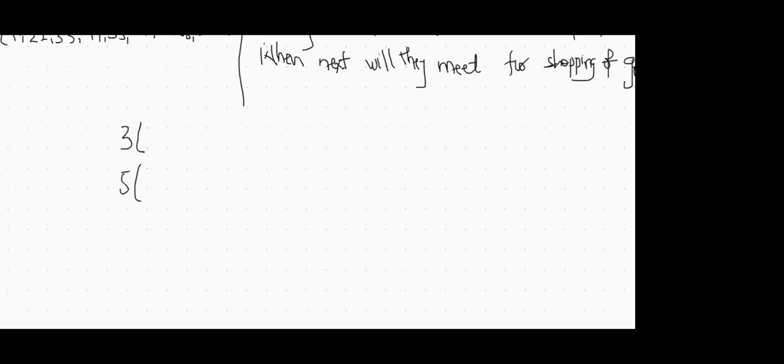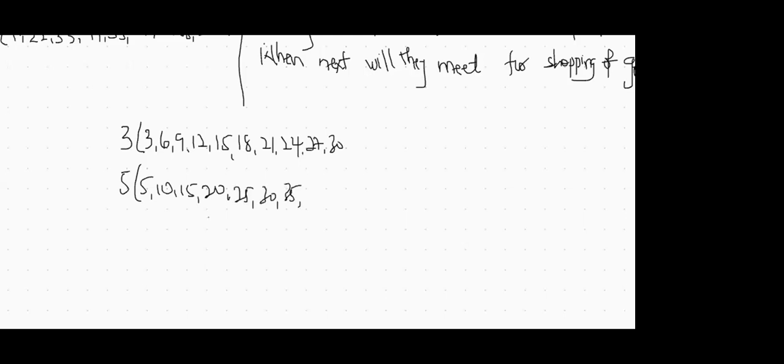Multiples of 3, let's list the first 10: 3, 6, 9, 12, 15, 18, 21, 24, 27, and 30. Now of 5: 5, 10, 15, 20, 25, 30, 35, 40, 45.